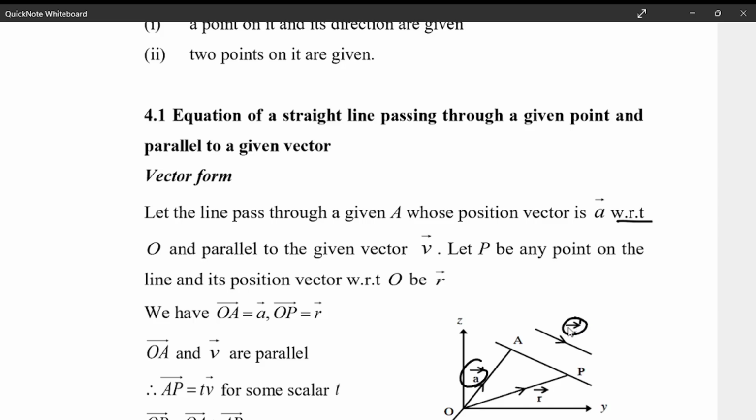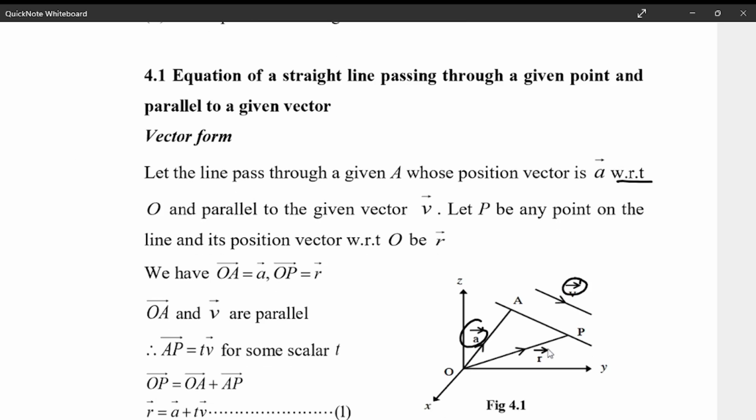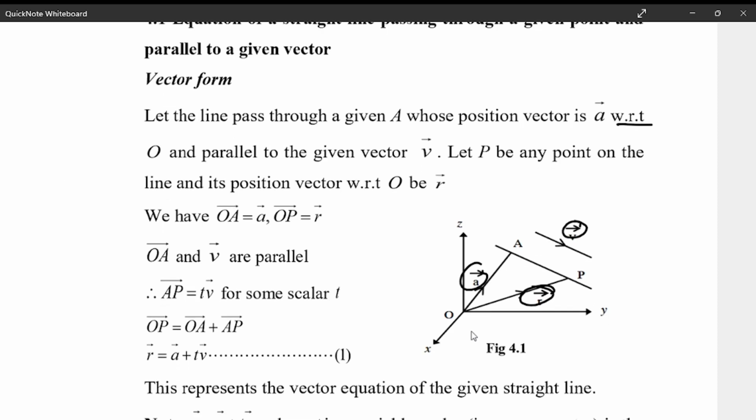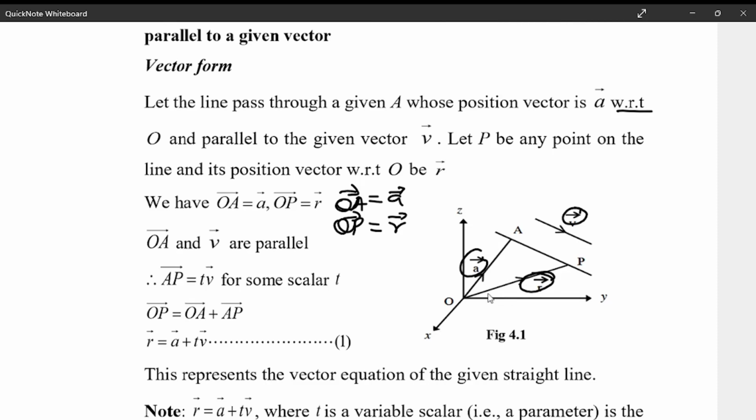Now we are also saying that if there is any point P on the line, and it's also parallel to the vector V, then that point too has a vector with respect to the origin. Let's assume that the vector is R. Then we have that our vector OA is equal to the small letter A, and our OP is equal to our vector R as indicated here.